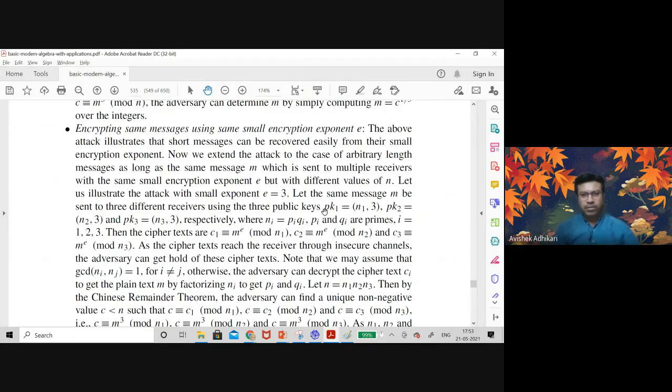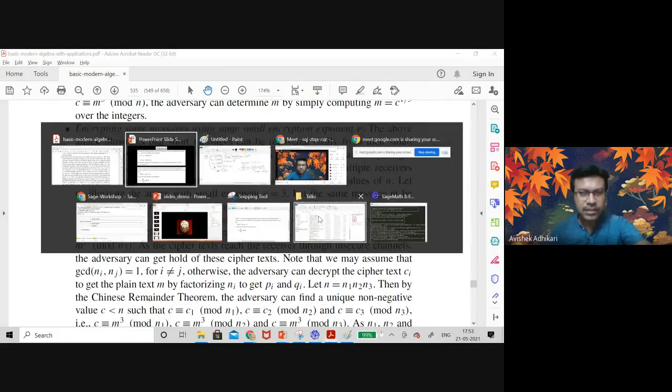So just again have a look at this. The attacker knows these c1, c2, c3 values.